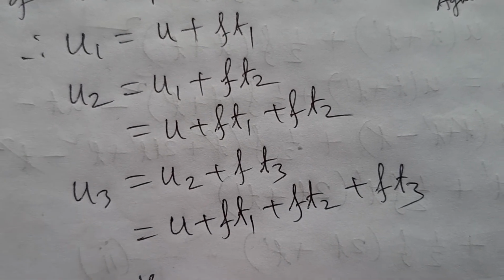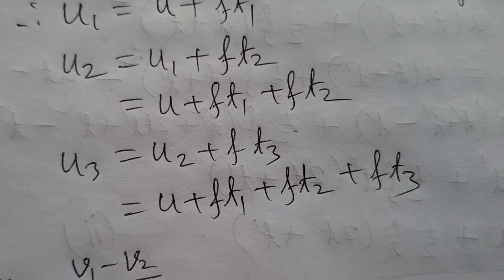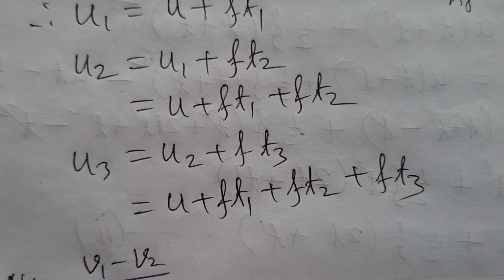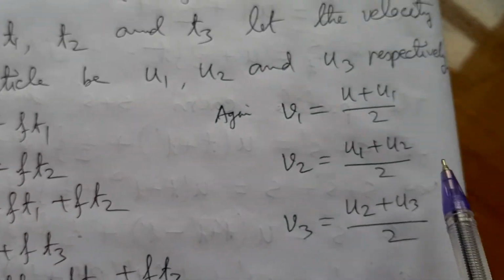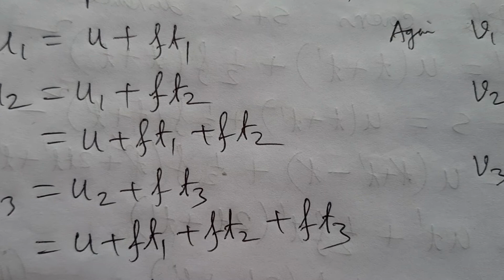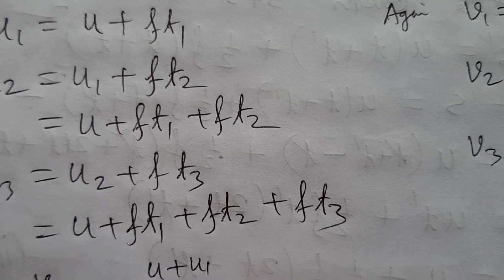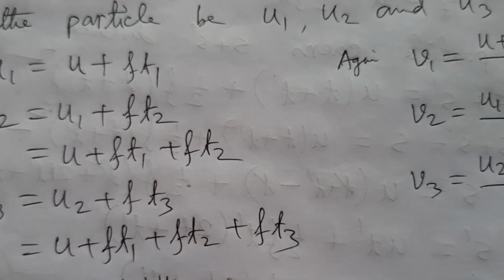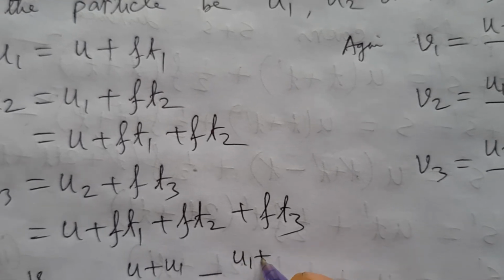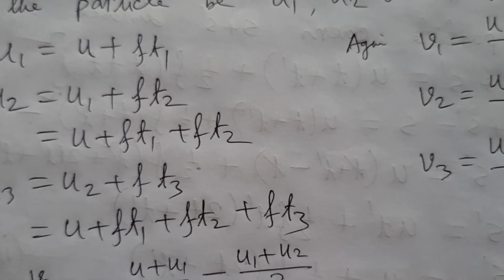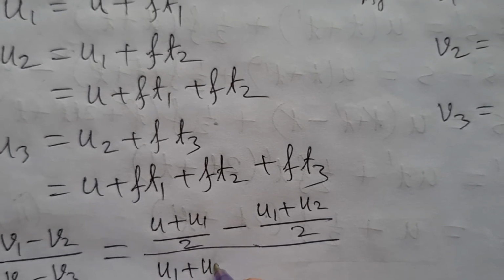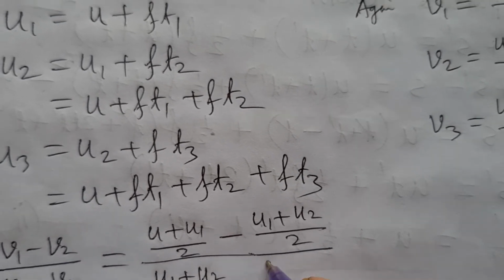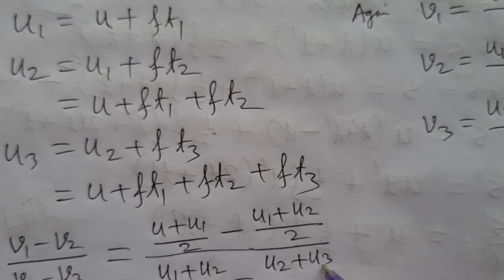So (v1 minus v2) divided by (v2 minus v3) is equal to, putting these values, (u plus u1) by 2 minus (u1 plus u2) by 2, over (u1 plus u2) by 2 minus (u2 plus u3) by 2.